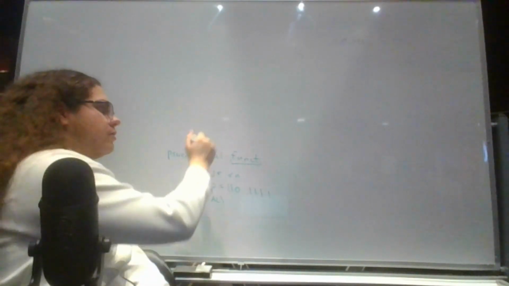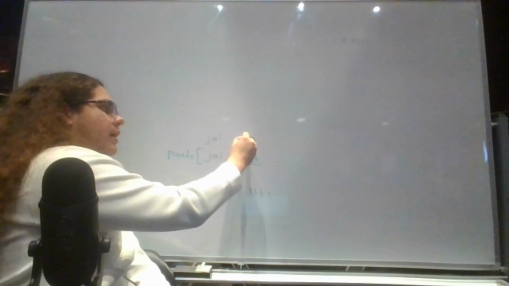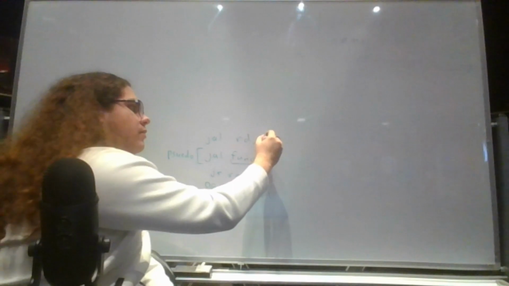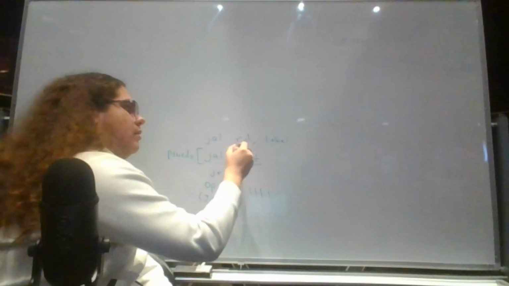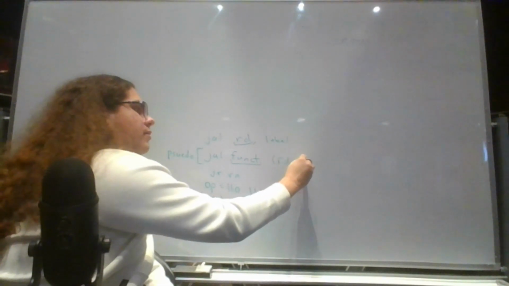The real instruction looks like this: JAL followed by whatever register you're selecting, followed by a label. And in the case of the pseudo instruction, RD is just RA.